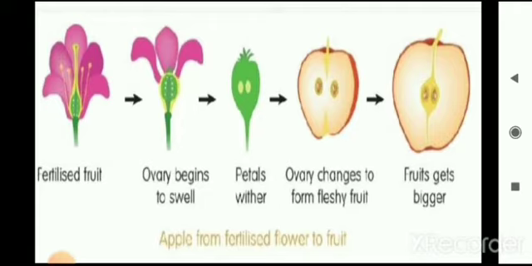Petals dry up. Okay? In next picture you can see ovary changes to form fleshy fruit. Right? And then this fleshy fruit gets bigger. By this process, fertilization is carried out. Okay? This is the example of apple fruit. In this figure, you can see that a fertilized fruit is converted into a bigger fruit, right?